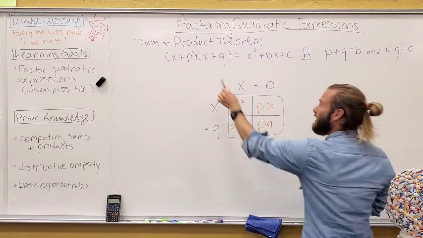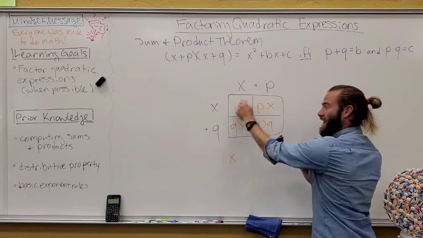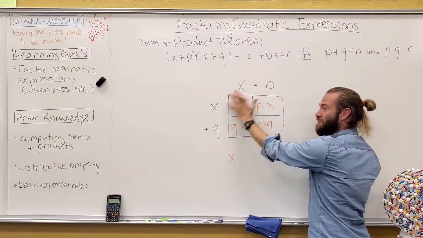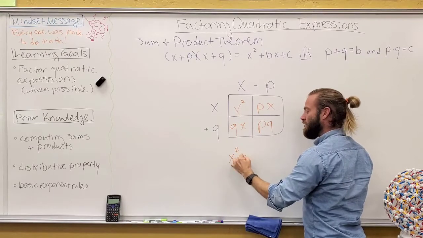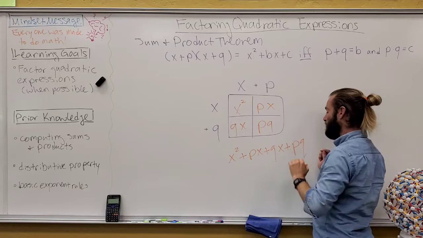So the actual product of x plus p times x plus q is adding all these pieces together to form one whole: x squared plus px plus qx plus pq.